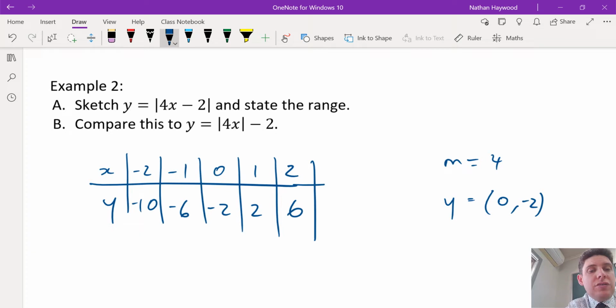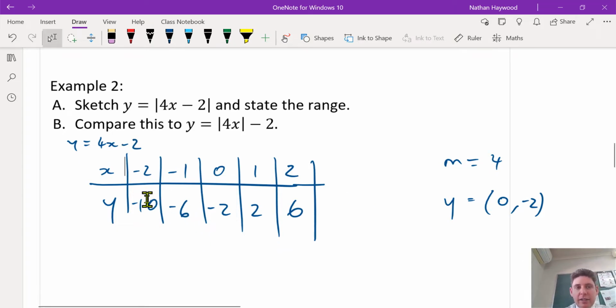But that's just for y equals 4x minus 2. All of these negative y's are positive.